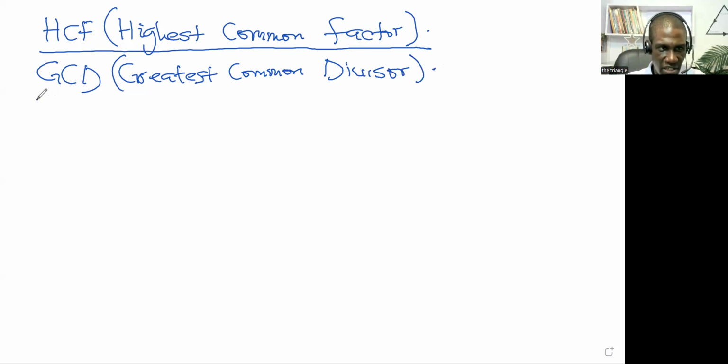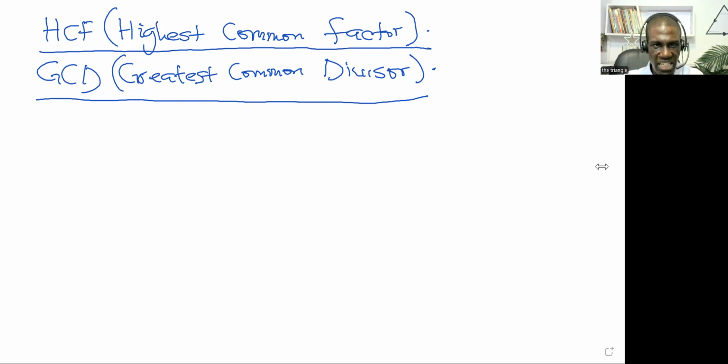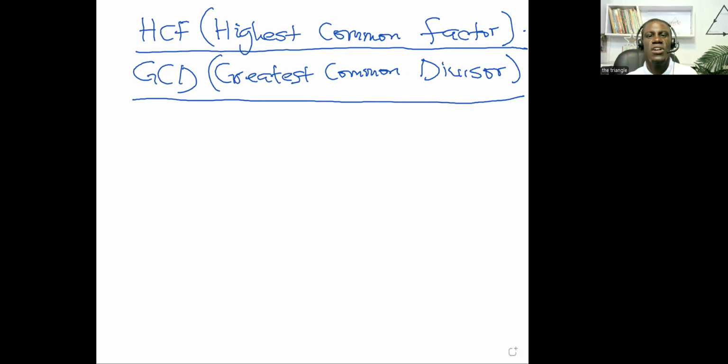Now, just like I said before, GCD or HCF is the highest number that can divide exactly two or more numbers without remainder. Now, let's start with a very simple number. Example 1.